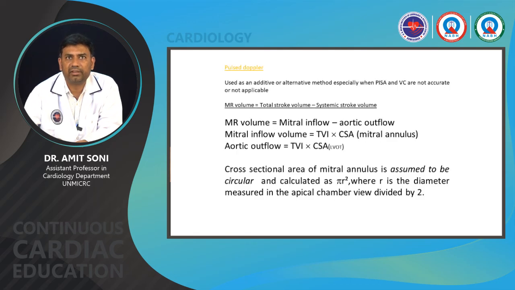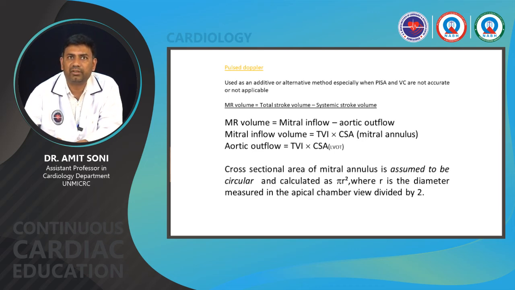So pulsed Doppler, how is it helpful? It is used as an additive or alternative method, especially when the PISA and vena contracta are not accurate or not applicable. MR volume is calculated by the total stroke volume minus the systemic stroke volume, that is, mitral inflow minus aortic outflow.